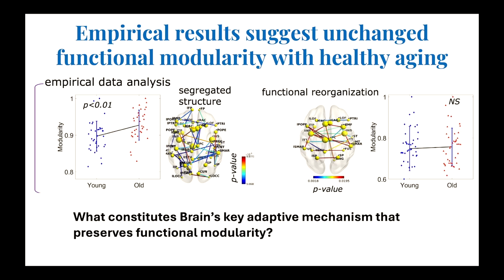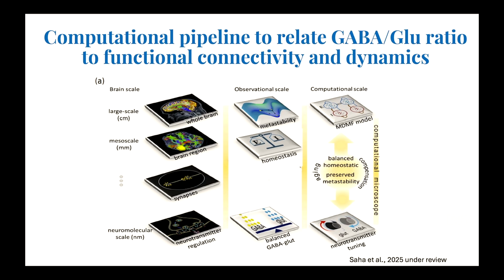So, one question that comes up is what constitutes these functional reorganizations, to the extent that the functional modularity is preserved even when you are becoming older, with a variety of losses of connections that you observe at the structural level.